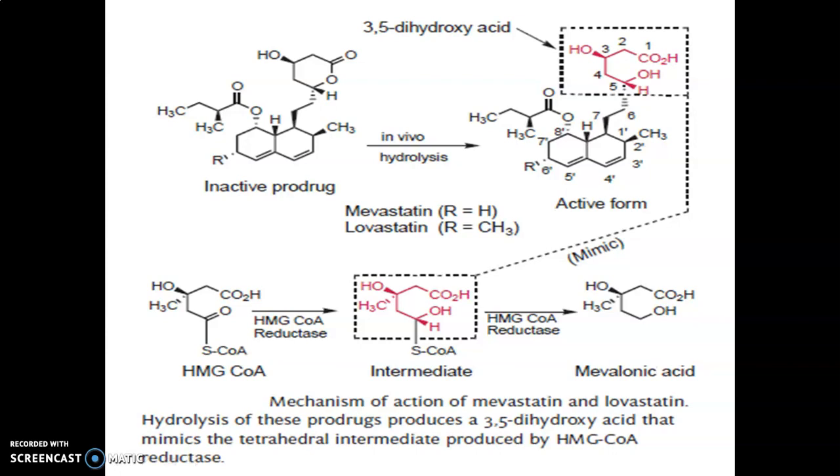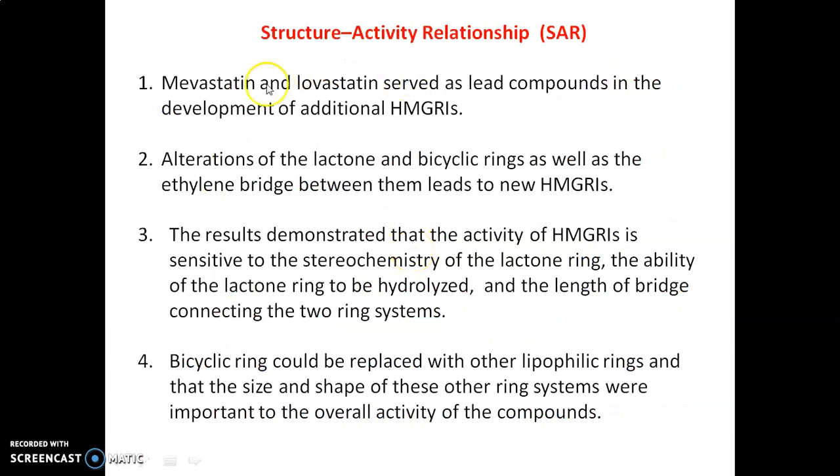Now we are going to see the SAR in detail. In the SAR, mostly the bicyclic ring, the ethylene bridge as well as the lactone ring are involved. Alteration in all these three happens to form new drugs or active moieties. Mevastatin and lovastatin serve as lead compounds in the development of additional HMG-RIs.